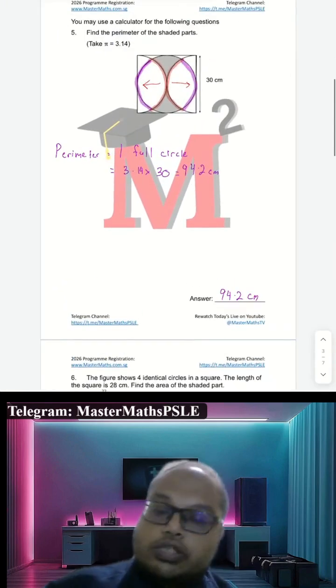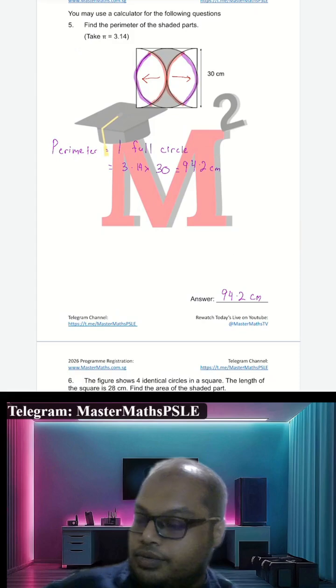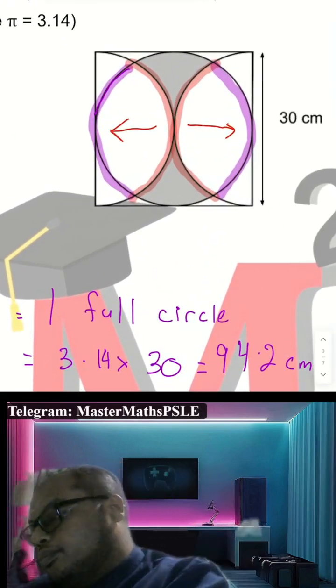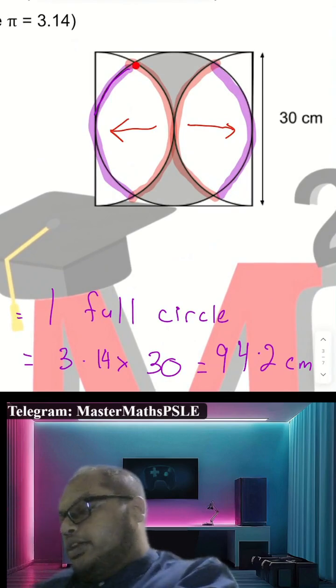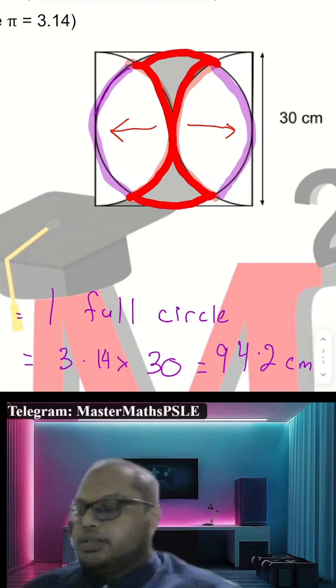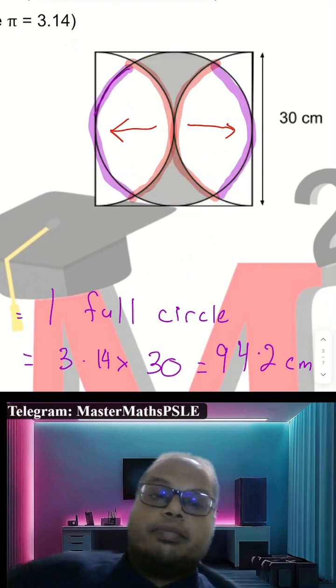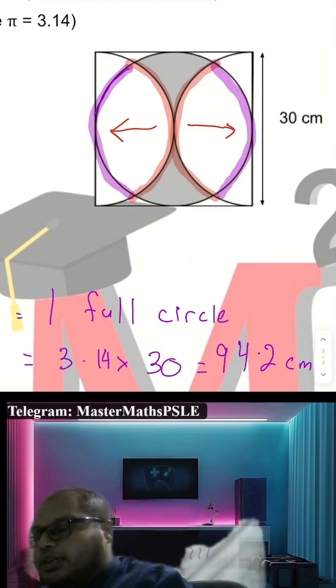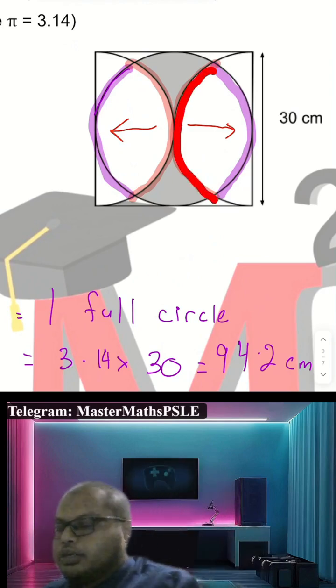Okay, so just now this question 5. Alright, what I can do, because basically I want this, followed by this, followed by this, followed by this. Correct, that is the parameter I want. But it's a bit hard to calculate this portion here.